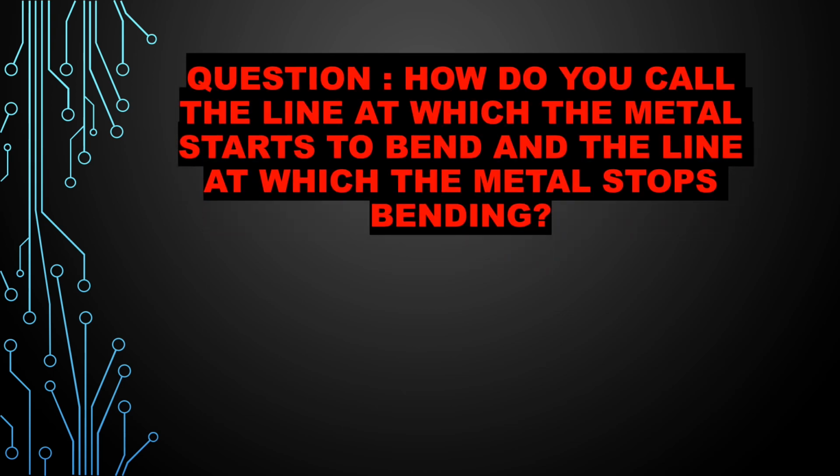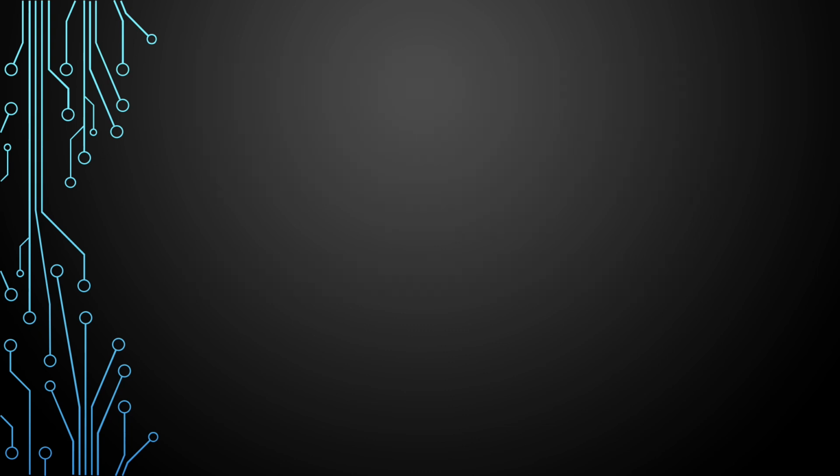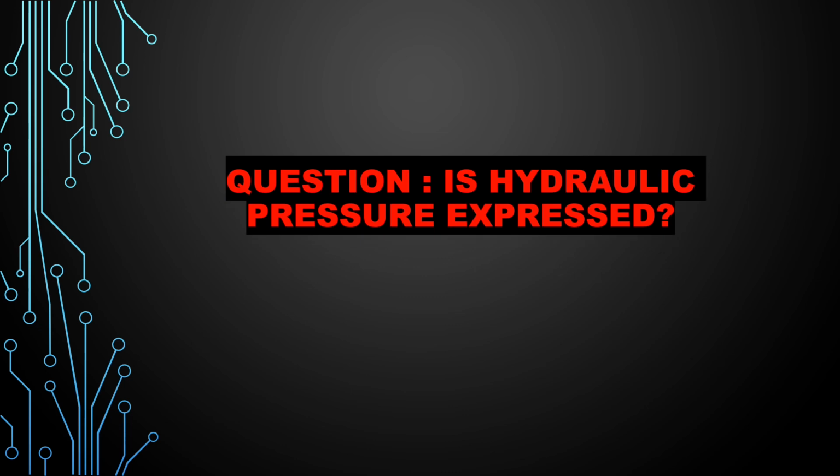Question: How do you call the line at which the metal starts to bend and the line at which the metal stops bending? Answer: Bend tangent line. Question: How is hydraulic pressure expressed?